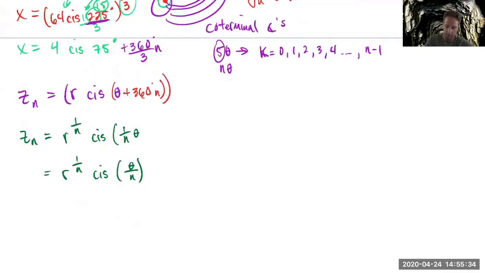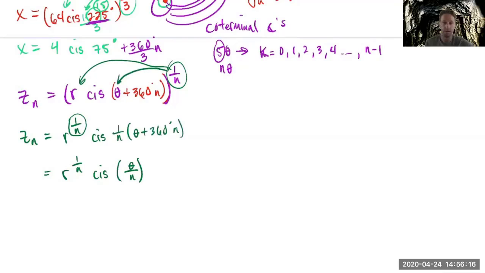And if I had that still raised to the 1 over n, then if I go to apply this like we did in the previous to the r, which would give me r to the 1/nth or the nth root of my radius, then I would also have to apply it here, meaning that I would have to have that 1 over n, and I'd have to apply it to both of these.